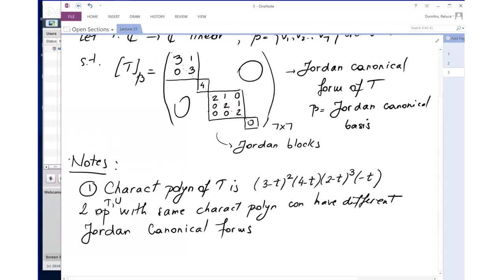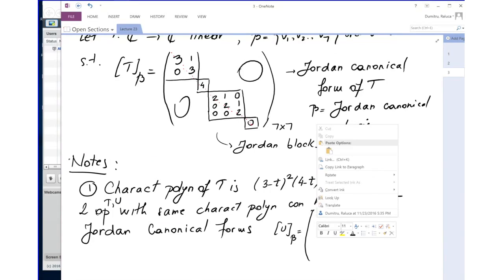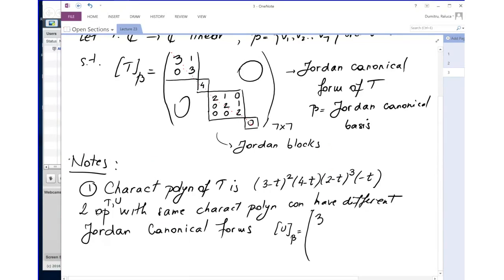Why is that? Well, imagine I build some operator U that in the same basis will look like this, zeros everywhere, right? I can do that, and it has the same characteristic polynomial as T, but definitely the Jordan blocks are not the same.